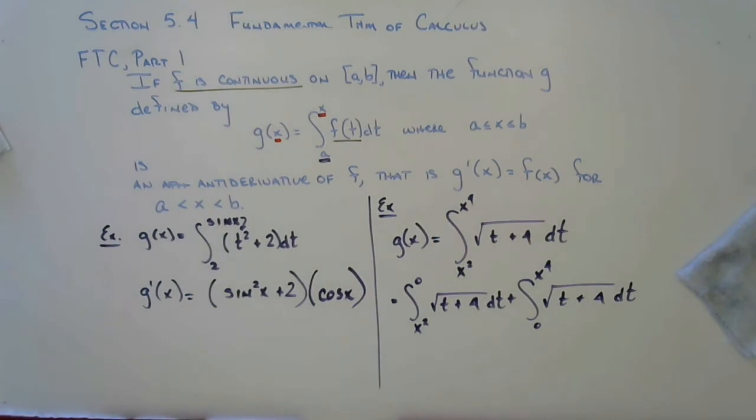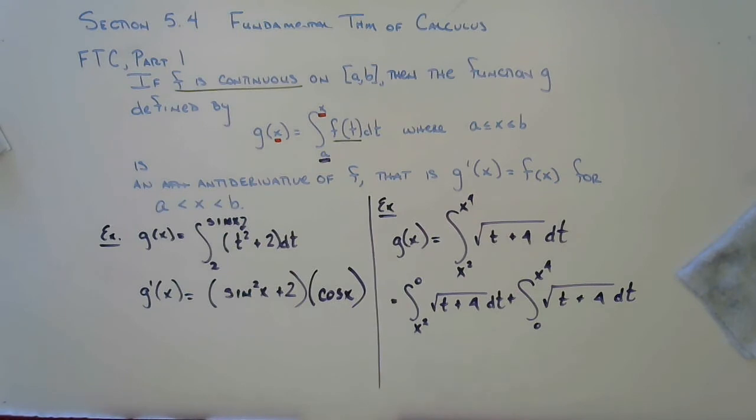Don't we have a property of integrals that says we can break an integral up into two pieces? We have that property that says we can break the integral from a to b up into an integral from a to c and then plus the integral from c to b. That's what I just did.